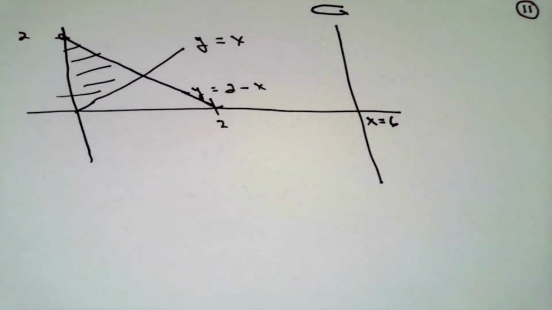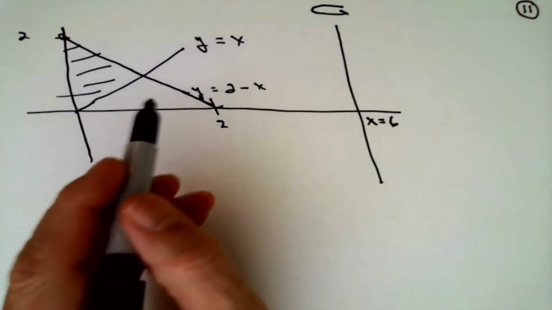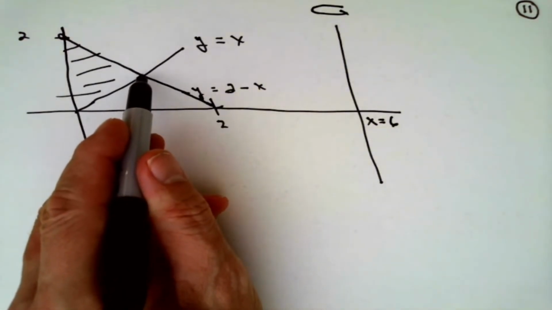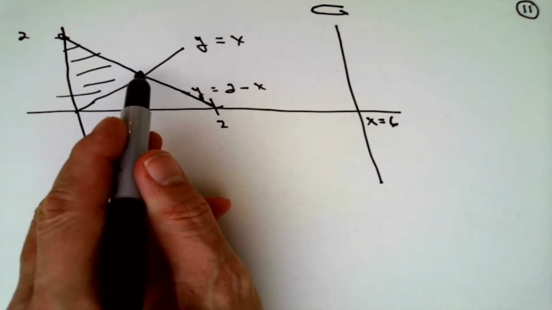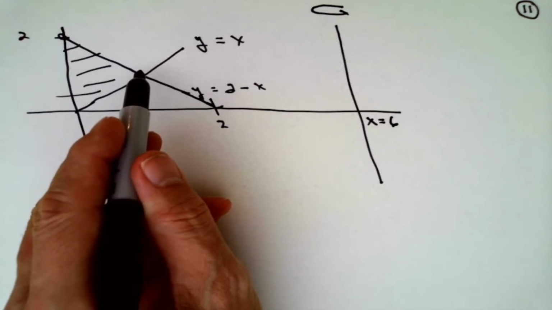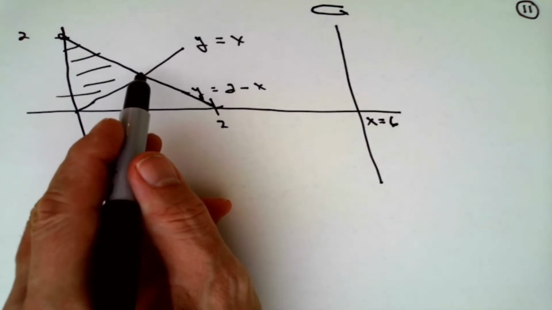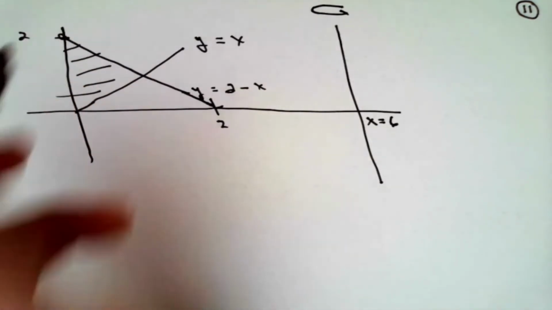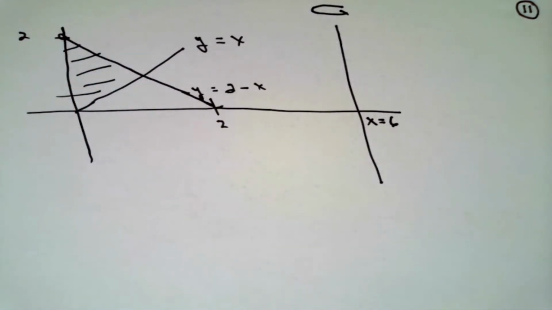I'd have to split this up into two problems. I'd have to split it up into y going from 0 up to whatever the y-coordinate of this intersection point is, and then I would also separately have to think about y equal to whatever this number is up to y equals 2. I would have to do two different intervals.